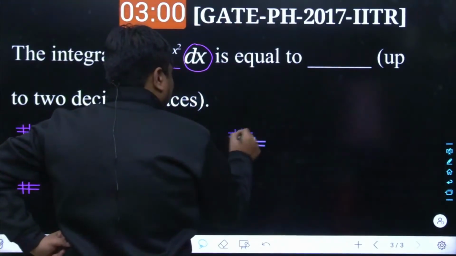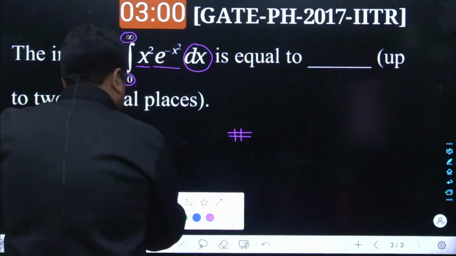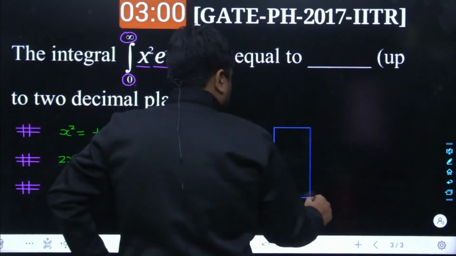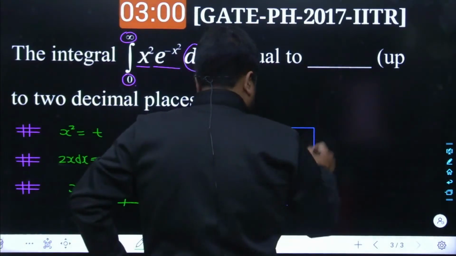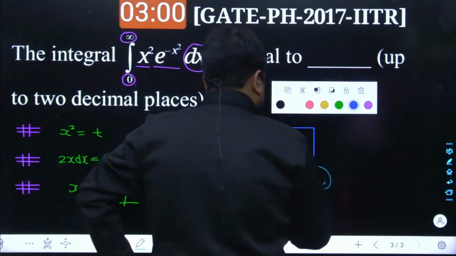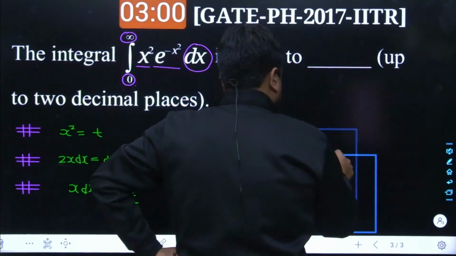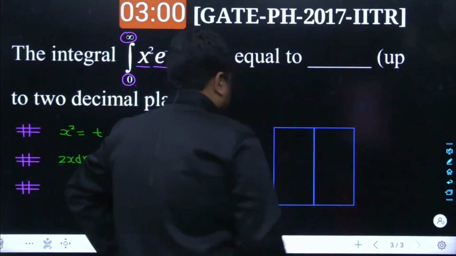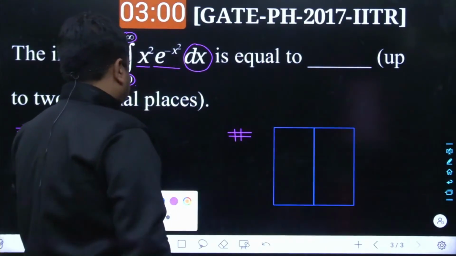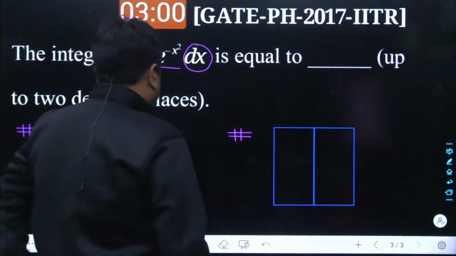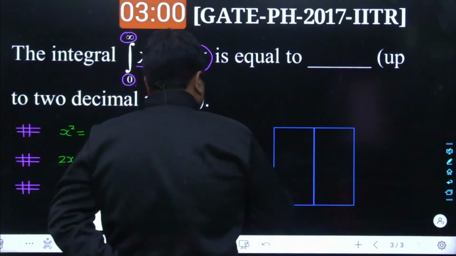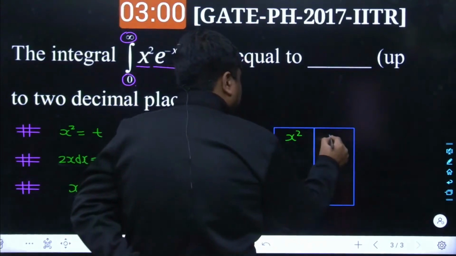If we talk about the limits now. See what has been happening. x square has been mapped with t.